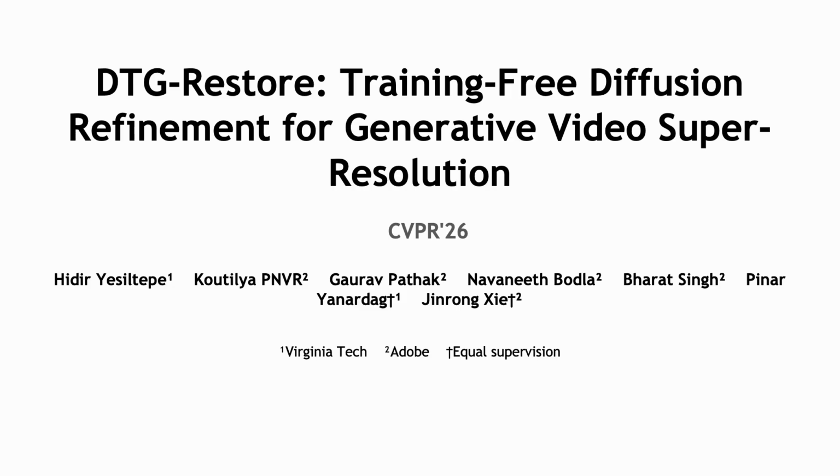Our key contribution is decoupled time guidance, or DTG, a simple modification to the diffusion sampling process that decouples conditional and unconditional denoising in time. This preserves geometric integrity, suppresses warp structures, and works as a plug-and-play module on top of any pre-trained video diffusion model.